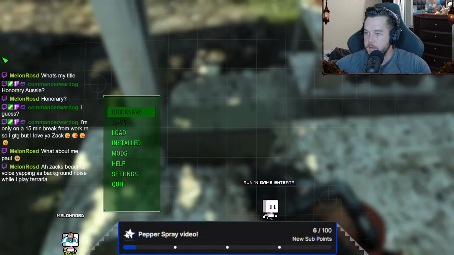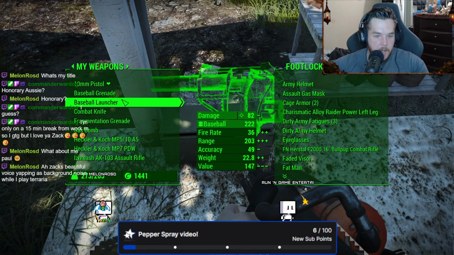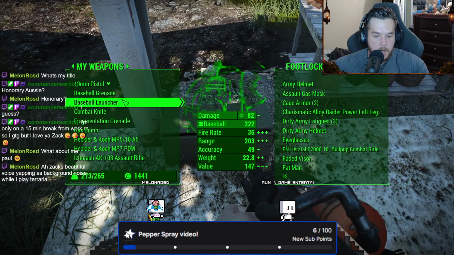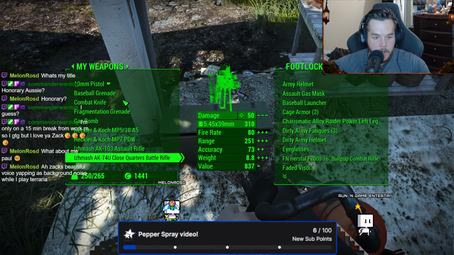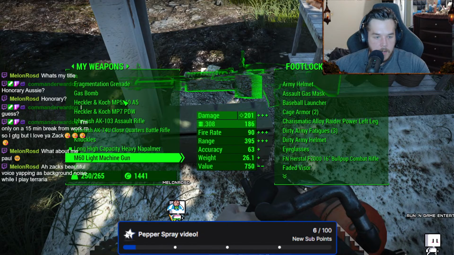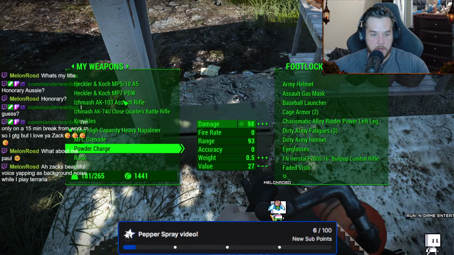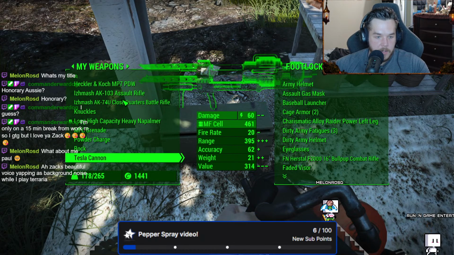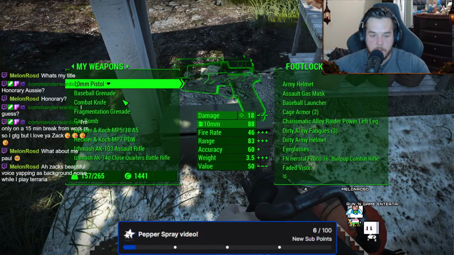That was one of the things I was going to do today. I was going to rework the reward system. Got to do that. Okay. I don't need the baseball launcher. AK-74, that's 545. Do I have another one that's using 545? Because I might just keep that. I'm not going to be using the M60 too much. I'm not going to be using this. I don't have the grenades for that. You can have the shish kebab. Don't need that. Probably not going to use the Tesla cannon too much unless it's a specifically heavy battle.